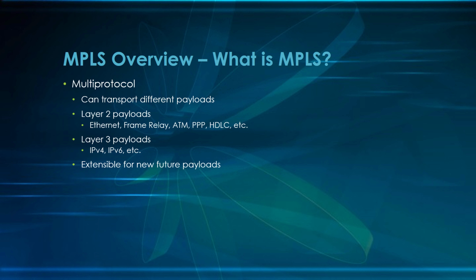I really don't care what it is. It somehow has to get from the customer's location to the service provider's location, and at that point, it is MPLS. So, as it's forwarded through the network, it's dropped off to the remote side of the provider's network via MPLS. It's label switched.